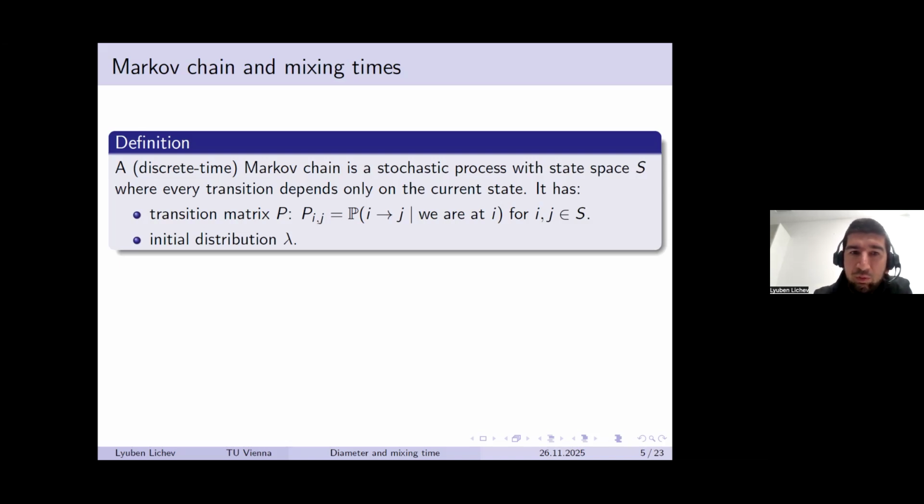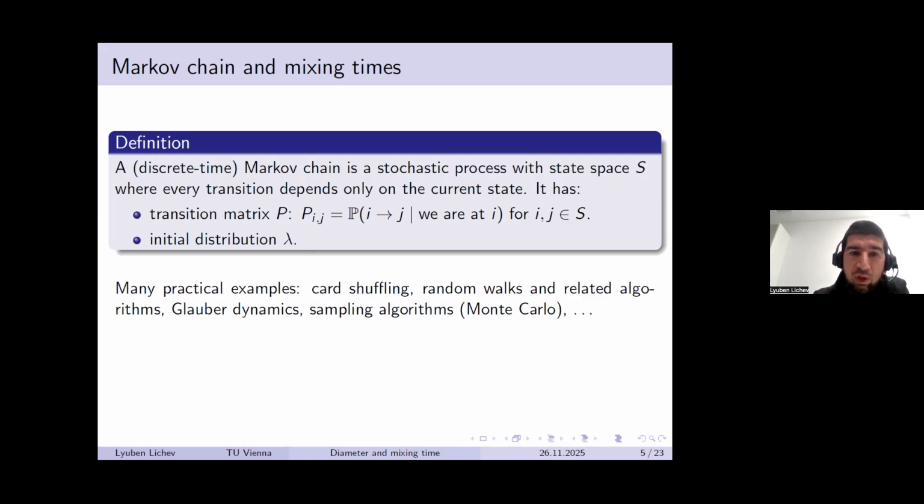What is important for these processes is that at every step, we are in some state of this space S, and what the next state will be is described by this transition matrix P, and it only depends on the current state. So we lose our memory of what happened before in our trajectory. We are only interested in our current state.